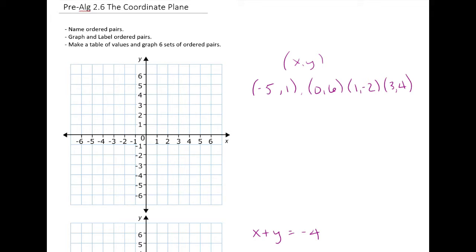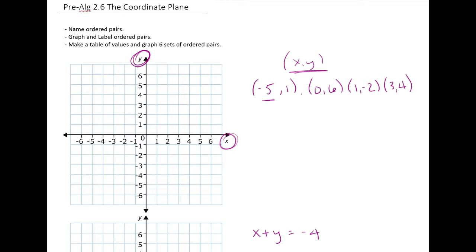Okay, so to begin, we're going to just plot some points. And we did this in chapter 1, so hopefully this will be a good review for you. Remember that when we're dealing with the coordinate plane, all of our coordinates are written in x, y form. And if you take a look at our graph, you can see that this horizontal axis is our x-axis and the vertical axis is the y. So we always do the x first.